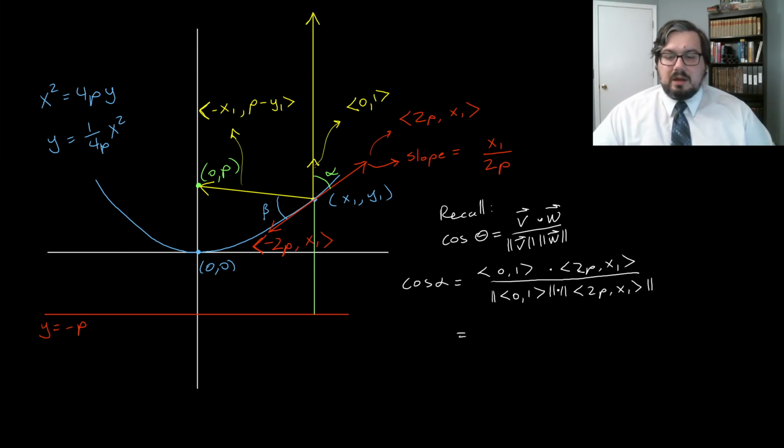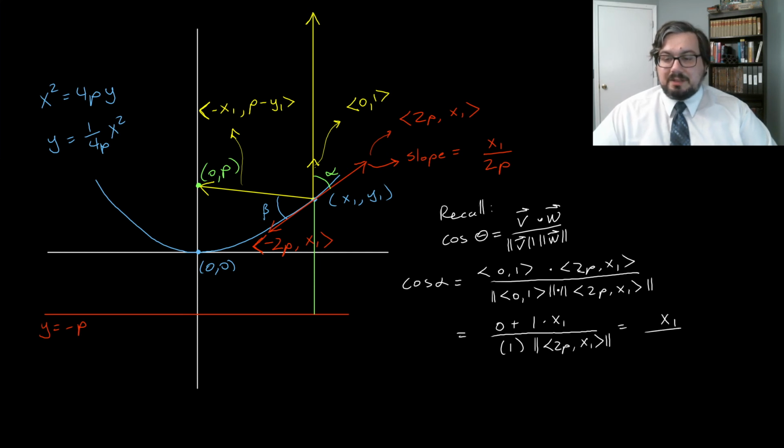So let's do that. The dot product on the top is as follows. We take 0 times 2p, which of course just gives us 0, and then 1 times x1, which gives us, well, x1. The magnitude of the vector 0, 1 is 1. It's a unit vector. And then we've got the magnitude of the vector 2p, x1, which I'm going to leave that way.